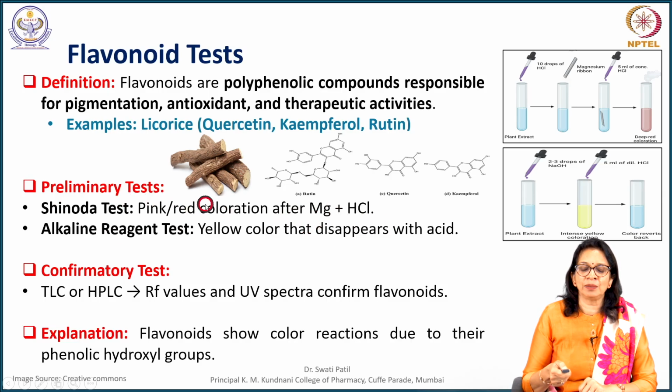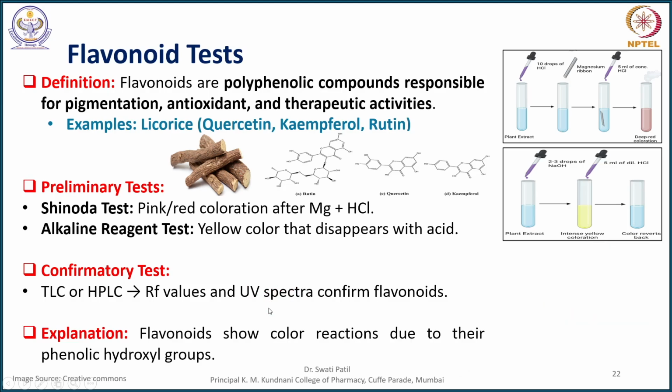An alkaline reagent gives a yellow color which disappears after adding an acid. This also tells us the presence of flavonoids. A confirmatory test can be done on TLC by developing a fingerprint and finding out the UV spectrum for flavonoids.